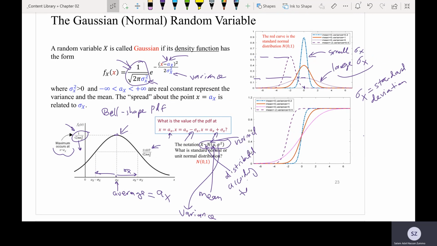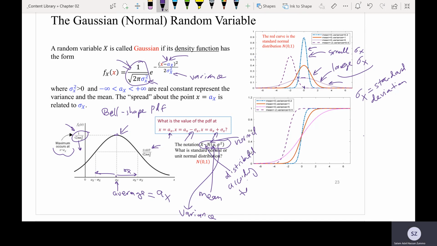Looking at the curves, here we have different PDFs, as you can see. A PDF with large variance, with small variance, and variance in between. And all three of them are around what average?